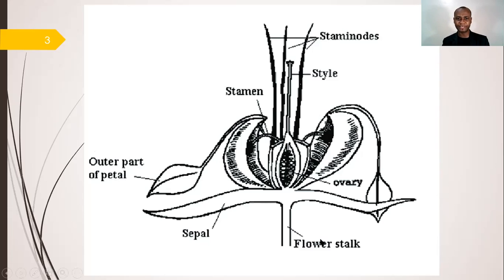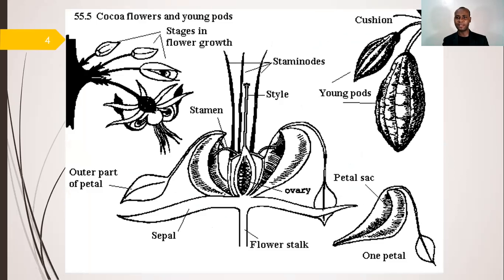In fertilization, what you need to understand more has to do with the function of the staminals, the style, the stamen, and the petals, because their arrangement influences flowering and flower fertilization. You need to understand this very well, so in case you have to enhance flowering, you exactly know what to do.